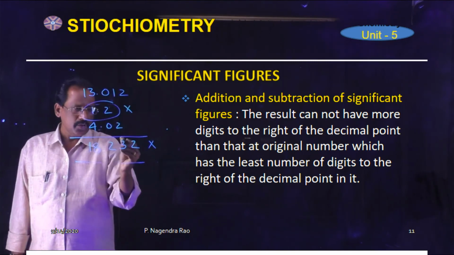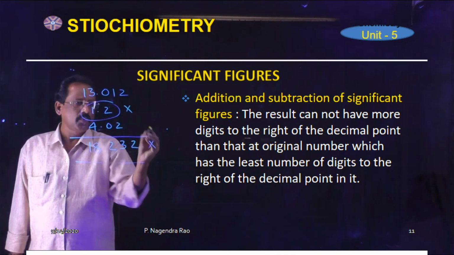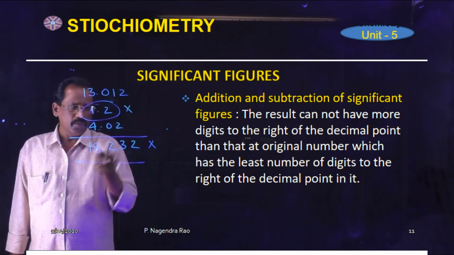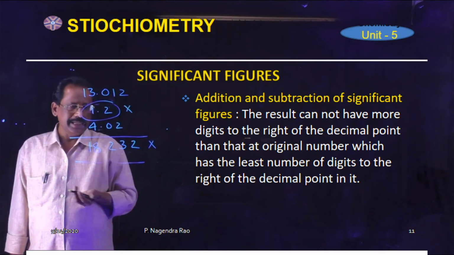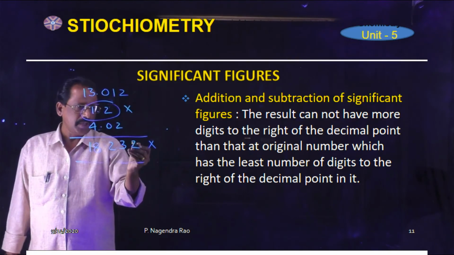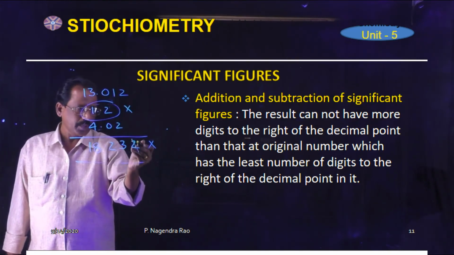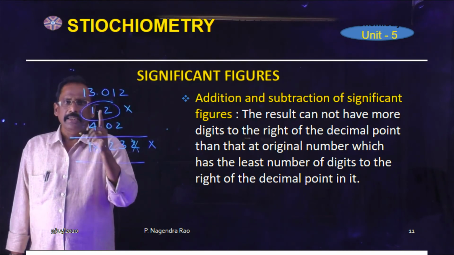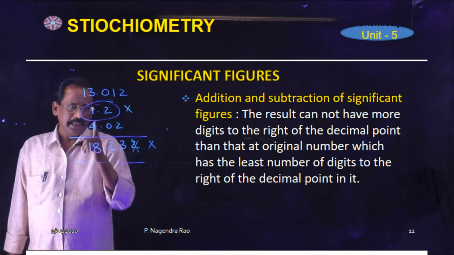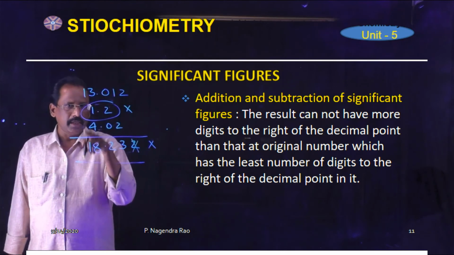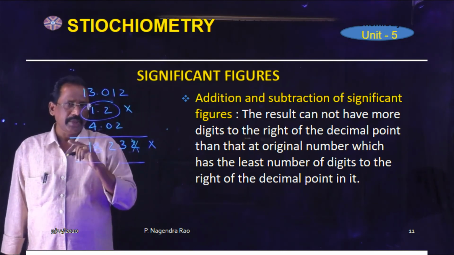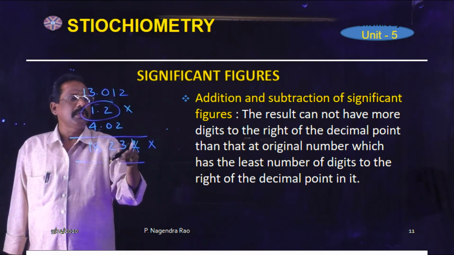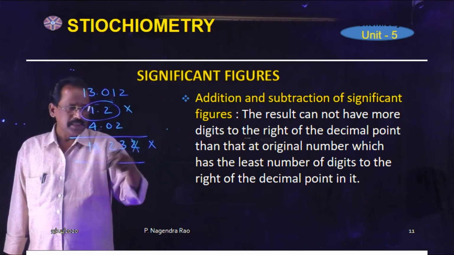That means you have to remove these 2 digits by using the round off method. So first remove this value, because in the second value after the decimal there is only 1 digit. Your answer is also like that according to these significant figures calculation rules. So first remove this 2 from this answer.